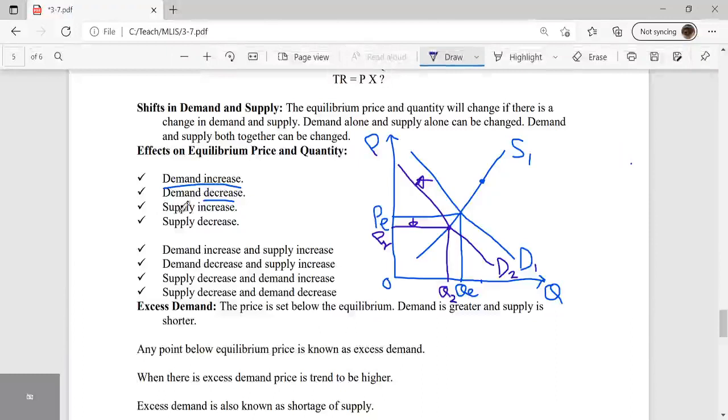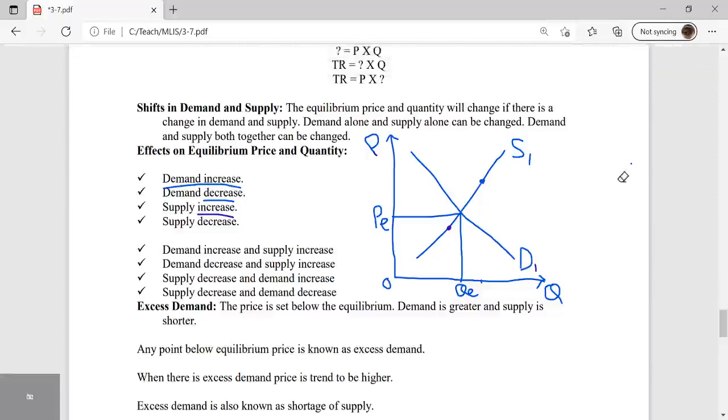Now let's do an example where the supply is increasing. Back to the equilibrium, right?